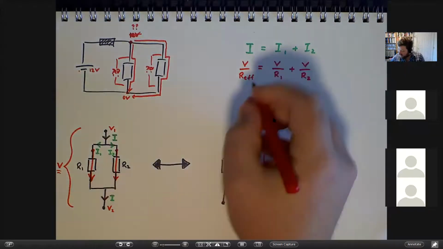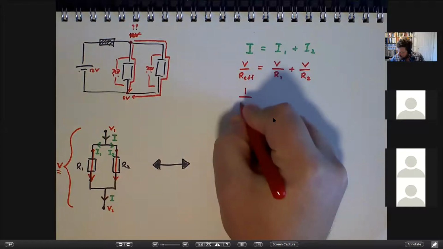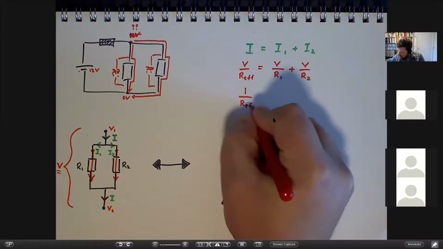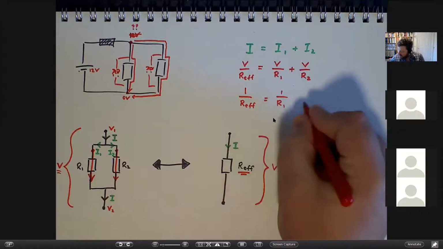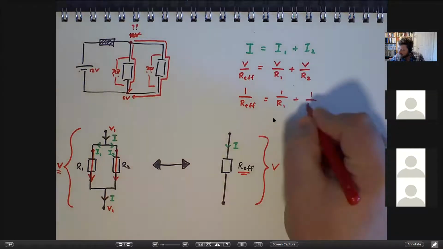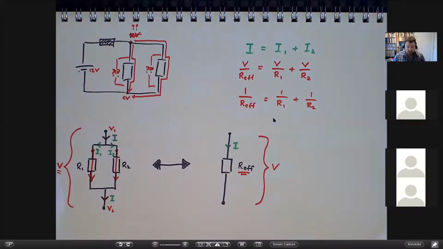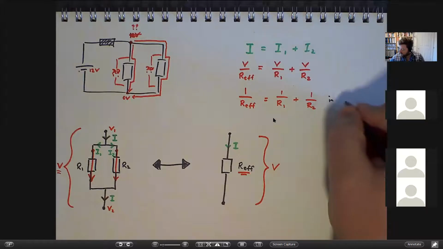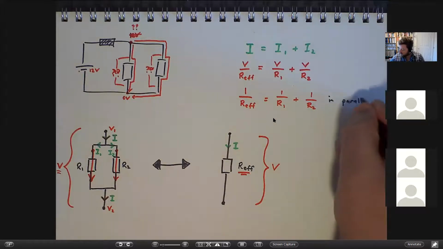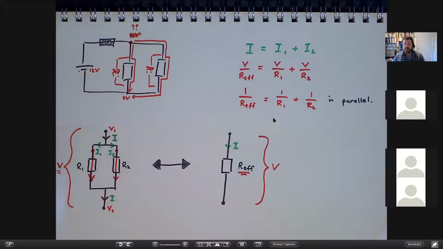So we end up getting 1 over the effective resistance equals 1 over R1 plus 1 over R2. And it's really important that we understand that that rule came from when we set up these resistors in parallel. Okay?